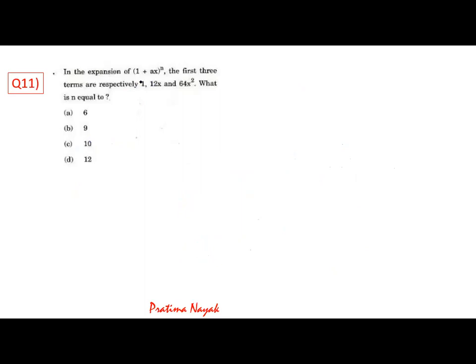In the expansion of (1 plus ax) to the power n, the first 3 terms are respectively 1, 12x, 64x square. What is the value of n? 6, 9, 10, 12. You know, the first term is always 1, so no need of comparing this one. So (1 plus ax) to the power n. First I'm writing the second term. It is 12x.